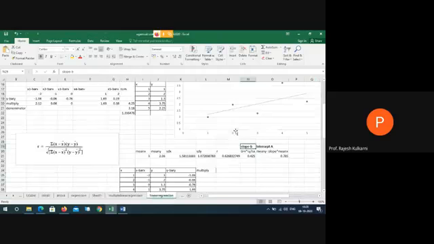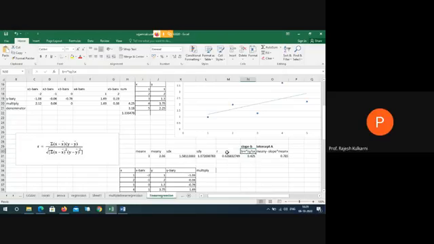Now, how to find the slope and the intercept? Tell me the formula for slope. Slope is equal to R times SY divided by SX.